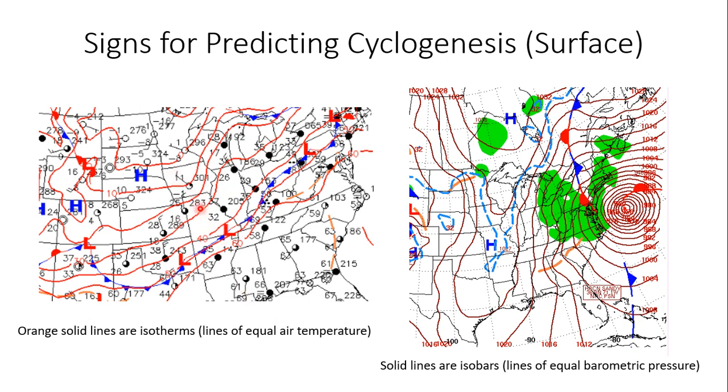So notice the packing of the isotherms in relation to this frontal boundary. See how much more tightly packed they are from eastern Iowa into northwestern Illinois. See this right here, southern Wisconsin? This is an area where we have a stronger frontal system. We have greater contrast between the temperatures, a stronger temperature gradient over a shorter horizontal distance.